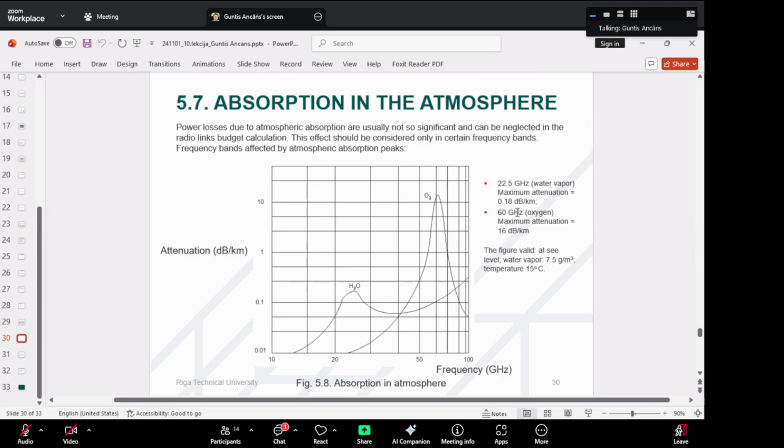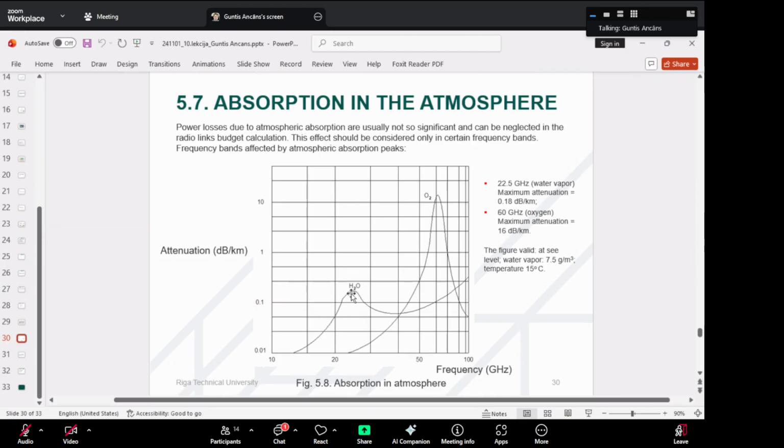For 22.5 gigahertz for water vapor, maximum attenuation is 0.18 decibels per kilometer.